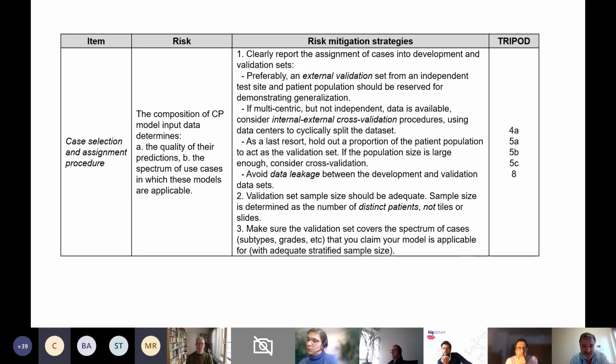Here you see the item, case selection and assignment procedure. The risk is that the sample size is not adequate. And if you don't have an adequate sample size, you will not be able to answer the endpoint of your study. And the sample size should be determined by the number of patients included in your study, not by the number of tiles and not by the number of slides, as an example.